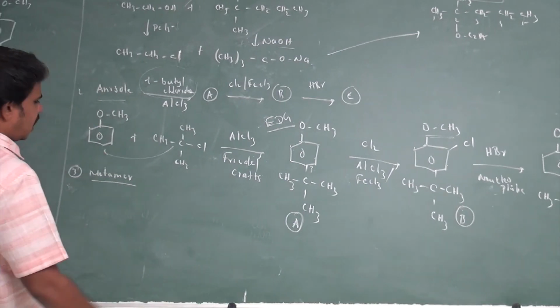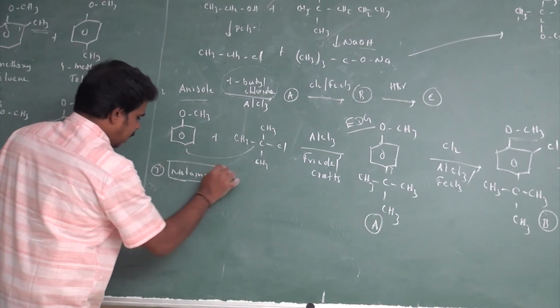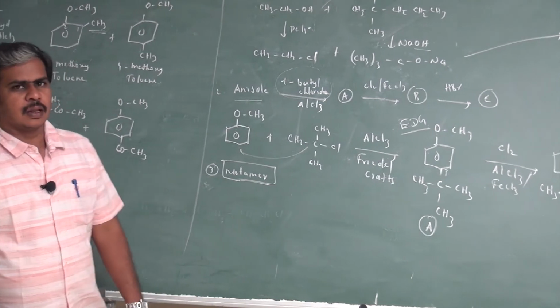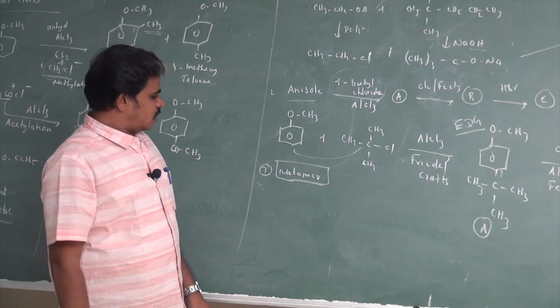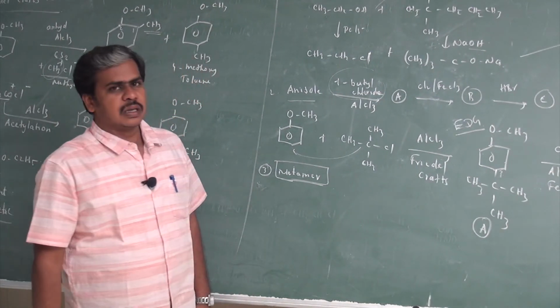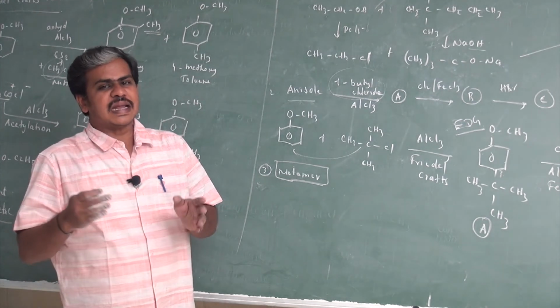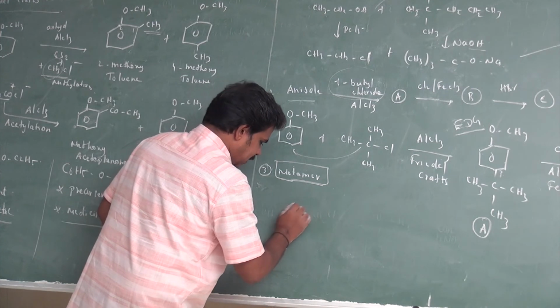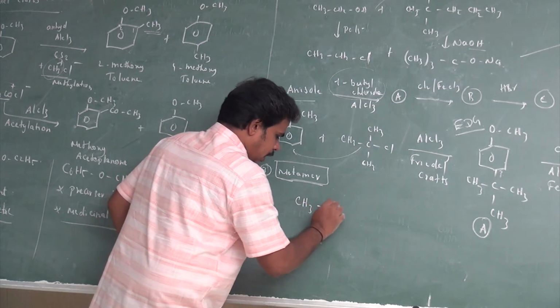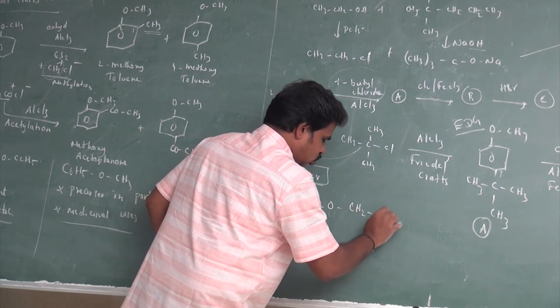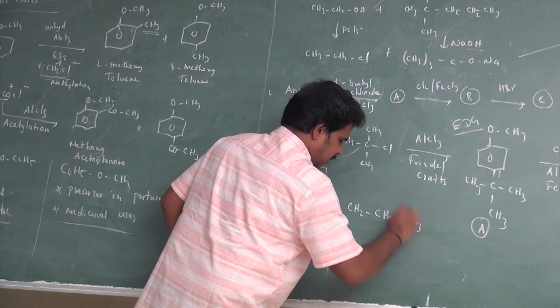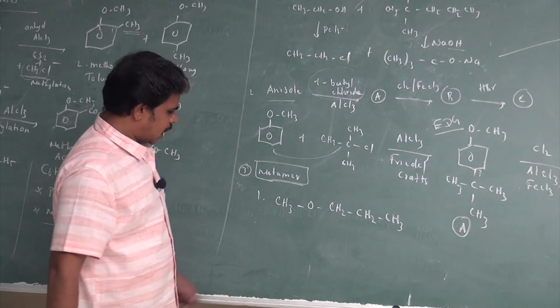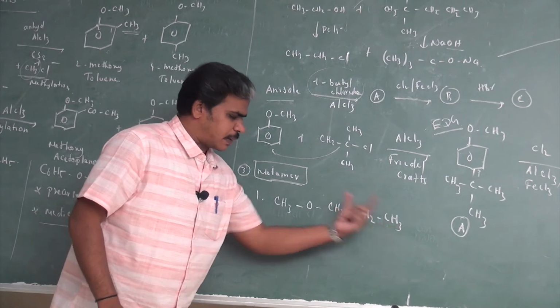Okay. Then the last one, what do you mean by metamers? Metamers are isomers. It is due to different attachment of alkyl group. Suppose we are taking CH3, O, CH2, CH2, CH3. It is the first compound. It is methyl n-propyl ether.